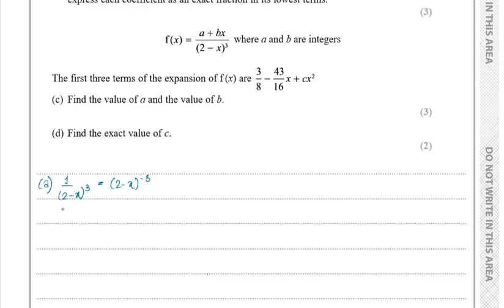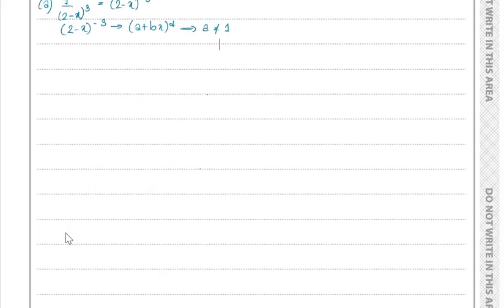For doing questions of this chapter, binomial expansion, I love to write the expressions in this form: (a plus bx) to the power d. If a is equal to 1, then you can directly proceed with the expansion of the expression. But since a is not equal to 1 in our question, we have to bring 1 in the expression.